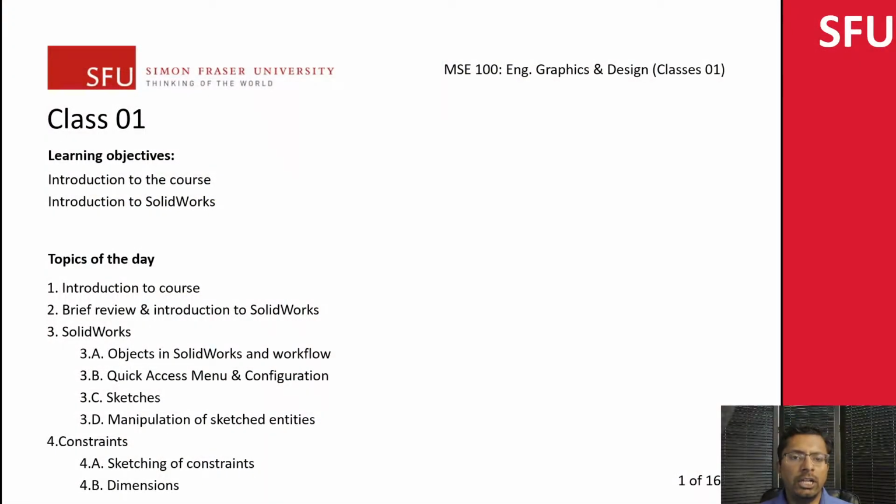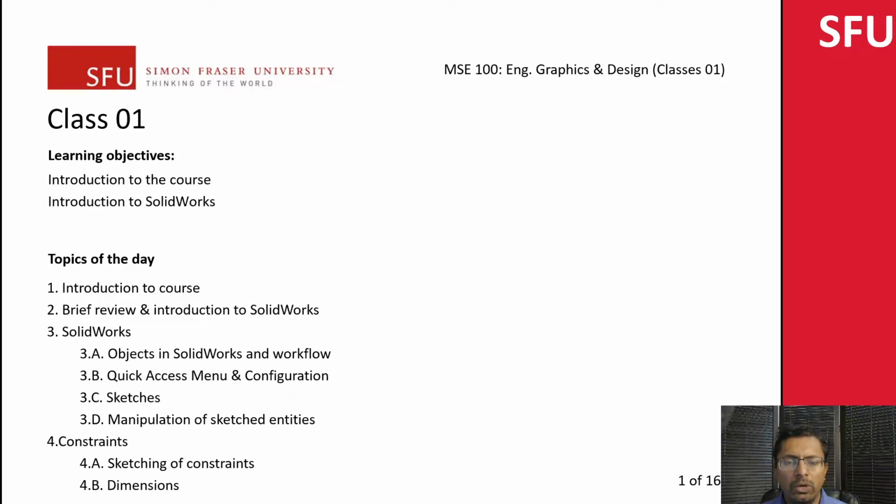So here is the sheet you hopefully, excuse me, printed out already. The learning objectives for this week's lecture are a quick introduction to the course itself, and then we'll go over the SolidWorks software that you're going to be using. These are going to be the topics. We'll cover the brief introduction to the course, which I've partly done already.